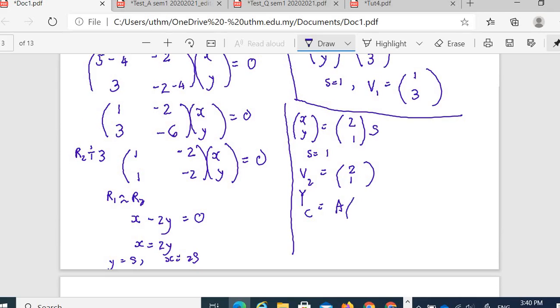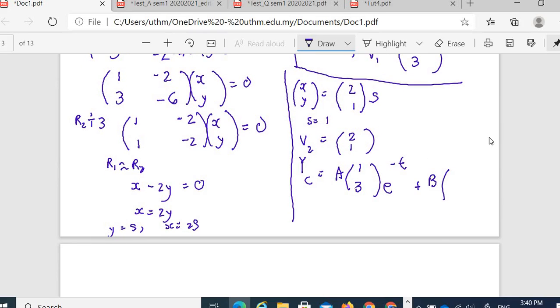v1 is here, 1, 3, exponent lambda 1. Lambda 1 is actually negative 1, so a e to the negative t, plus b v2. v2 here is 2, 1, exponent lambda 2, lambda 2 is 4, so 4t.